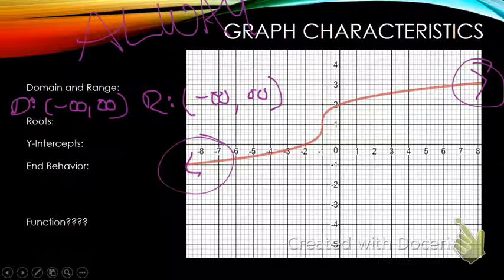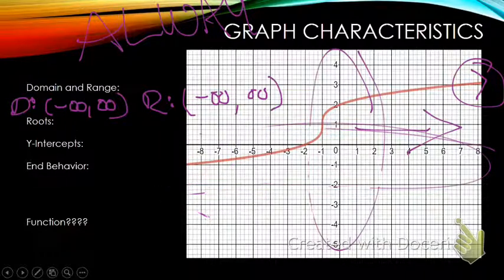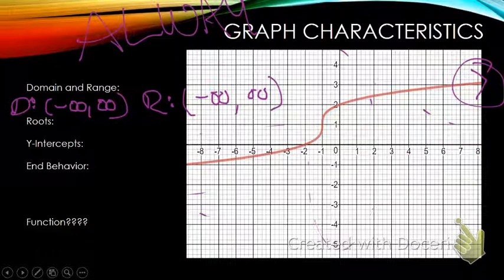Even if this was shifted up some more and they were just going in opposite directions, it doesn't matter. By default of them going opposite directions, they're going to hit all of these x values and all of these y values. Okay, ladies and gentlemen. So don't overthink that, please. That is an easy understanding. You can easily get your points for that.